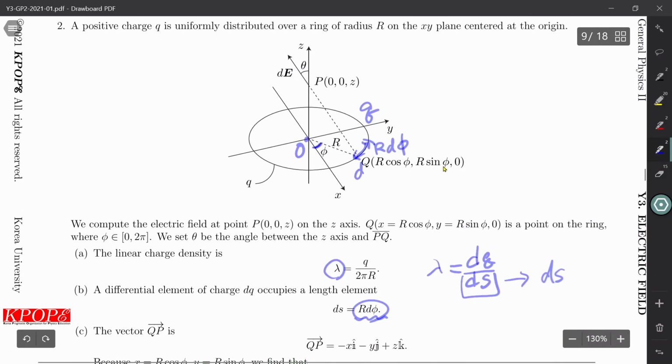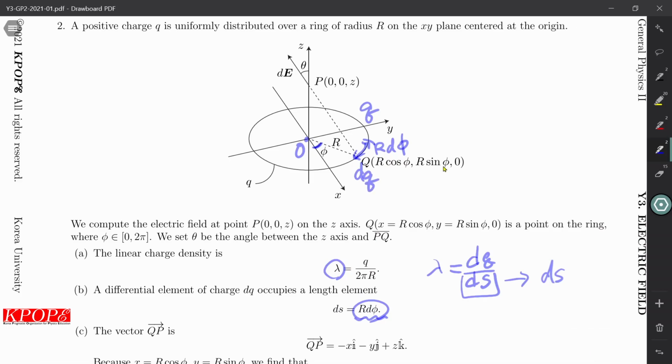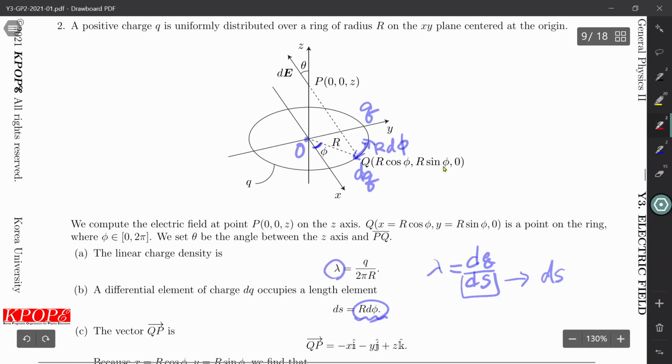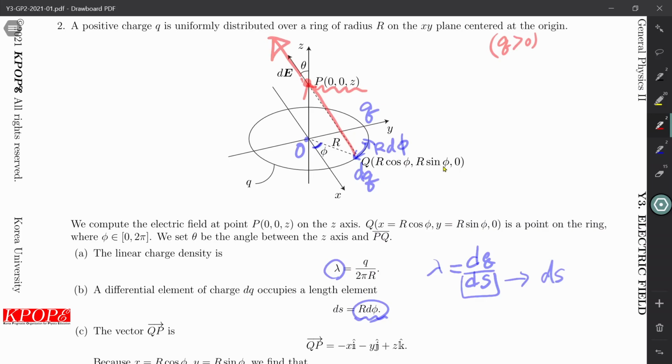Then there is a charge dq placed in here, and the field point. We consider the field point at the origin. Because we consider Q positive for simplicity, the electric field is along one direction.